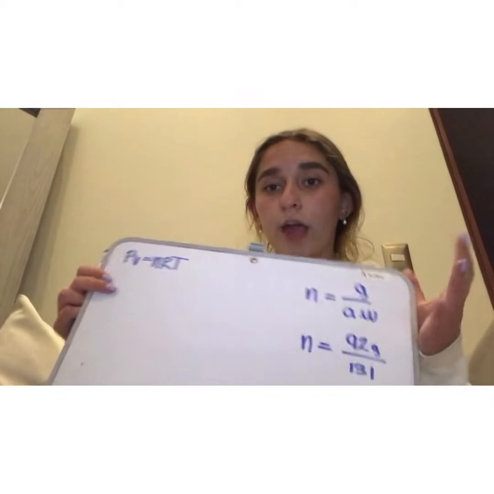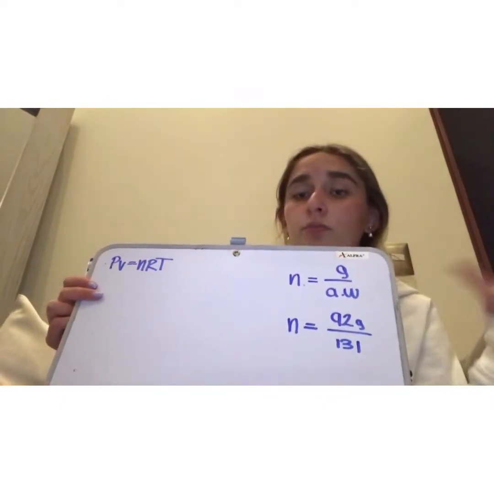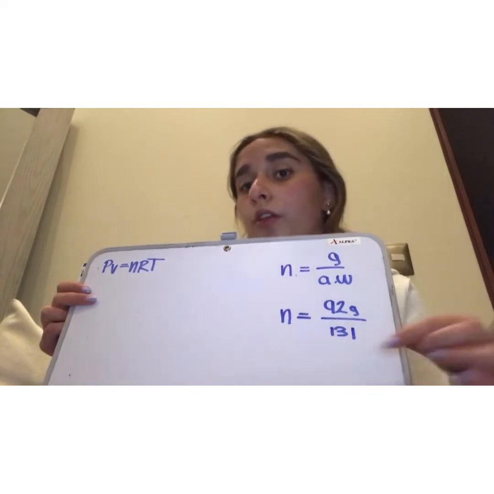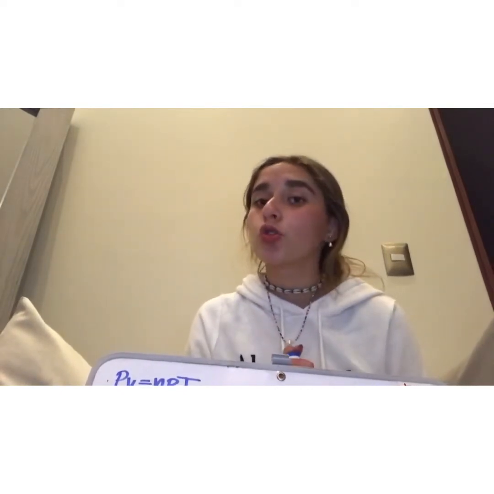So we have that moles is equal to 92 grams, that are the grams that we have in the problem, divided by 131. Why 131? Okay, because in the periodic table, Xe has the atomic weight of 131.293, and this number is closer to 131. Okay, so we put it like this.